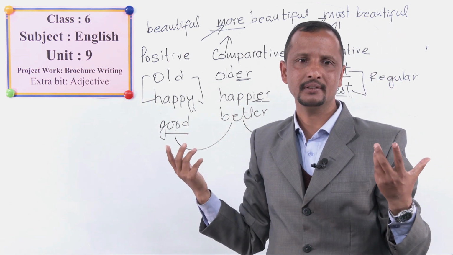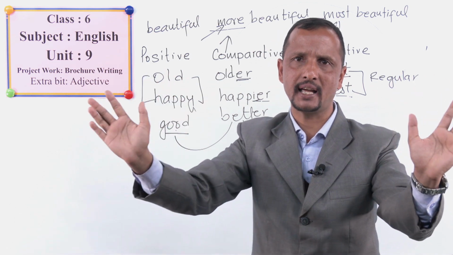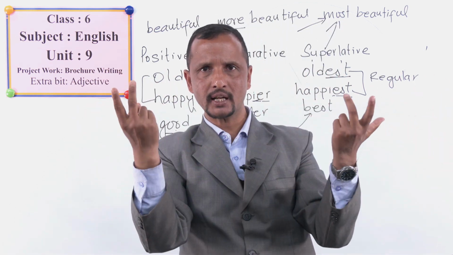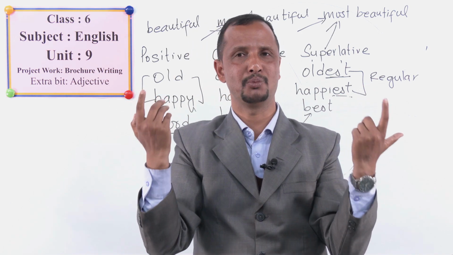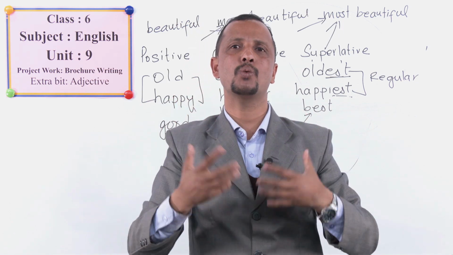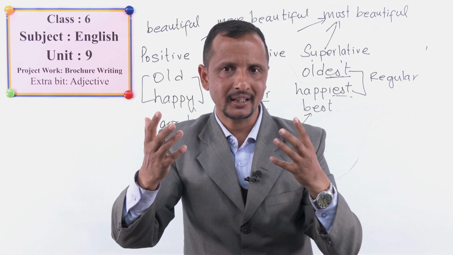That's easy. Do you understand? Just clap. Interesting, how many times? Three times. So more and most. This is the way we can make comparative and superlative.